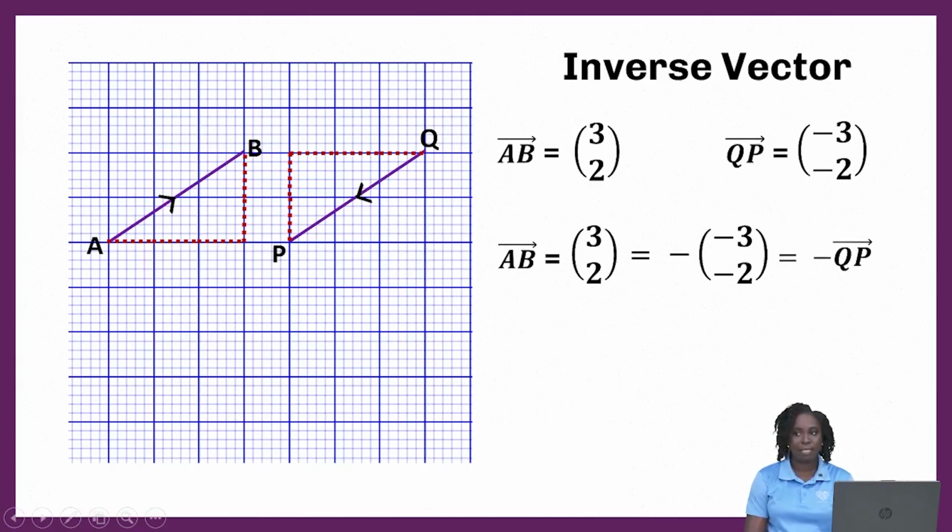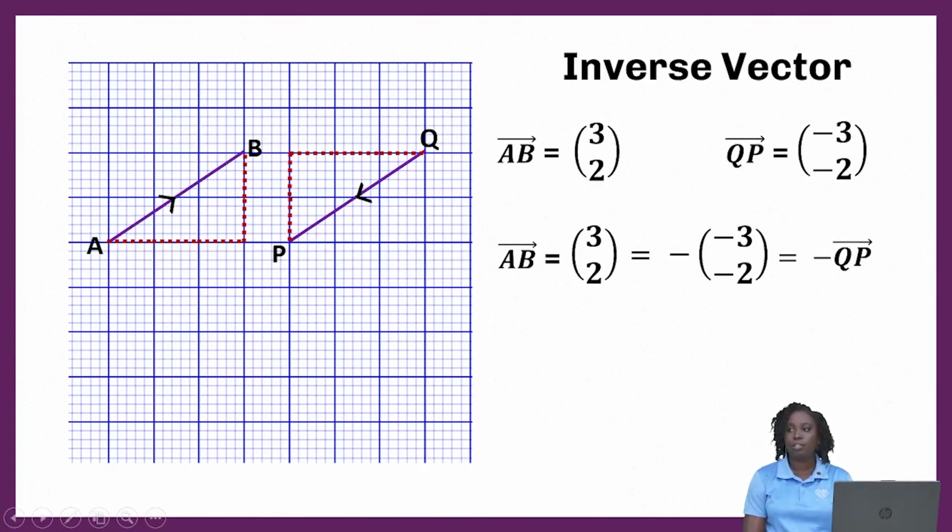Because a negative times a negative gives you a positive. And so if I multiply that scalar, which I would hope you would have identified from previous matrices lessons, that the scalar, if I multiply that negative into the matrix, it could be understood as -1. So -1 times -3 is +3, and -1 times -2 is +2.